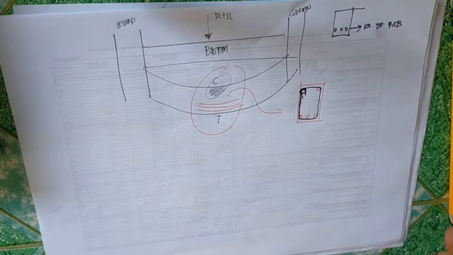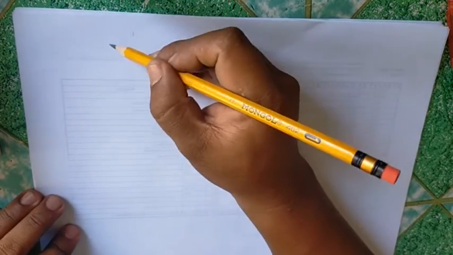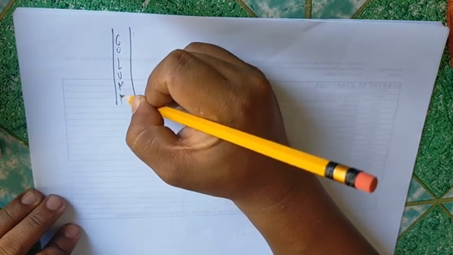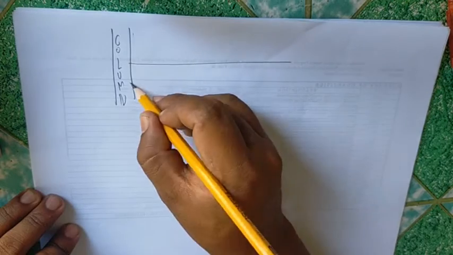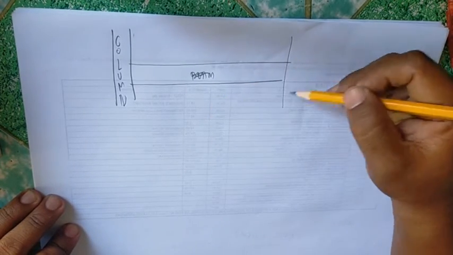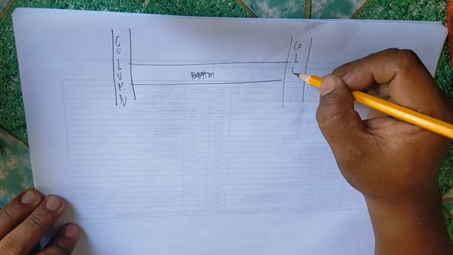Now, what if we are talking about the support? Take for example that you have here column with beam, column.